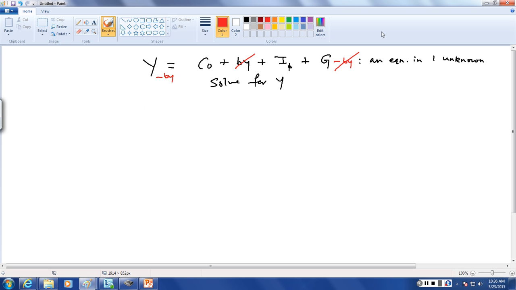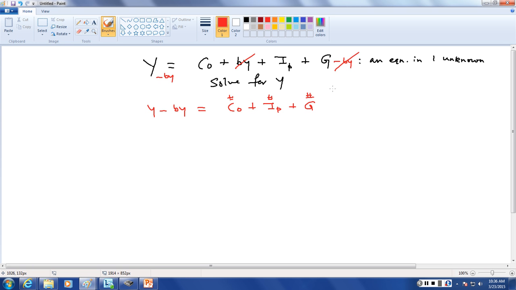Correct? Yes? Okay, next. What do I have now? I have Y minus BY is equal to C0 plus IP plus G. And remember, these are all numbers. I haven't put them here as numbers, but they are numbers. They're all dollar figures.